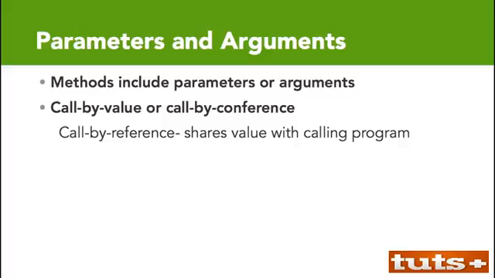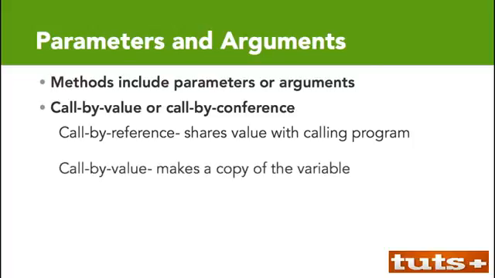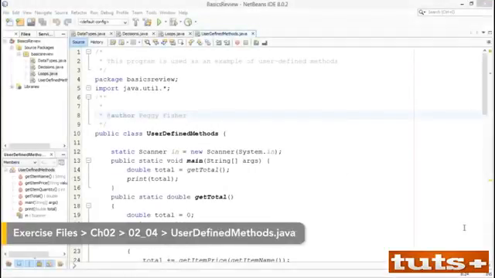Therefore, if the method changes the value of that variable, it is reflected in the main because they are the same values. Call by value makes a copy of a variable's contents, and therefore any changes are not reflected in the calling program. All primitive data types are call by value automatically, and all structured data types are automatically call by reference.